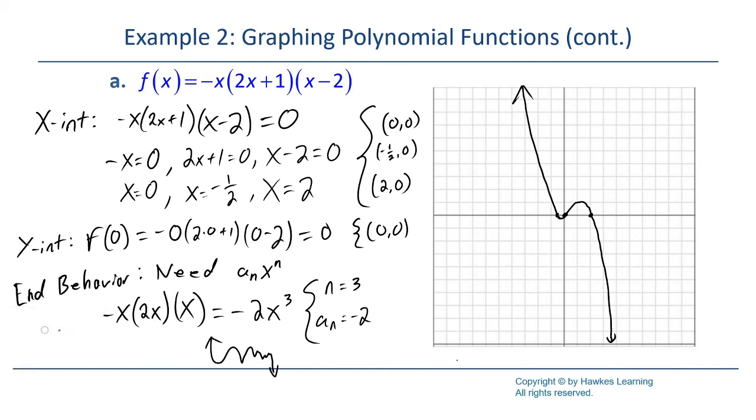Or I could have said, well, maybe it just goes through this point, bounces off that point, and it does something like that. But that's the key with the end behavior. The end behavior is guiding the graph as to where it needs to go. So always take the end behavior into account.